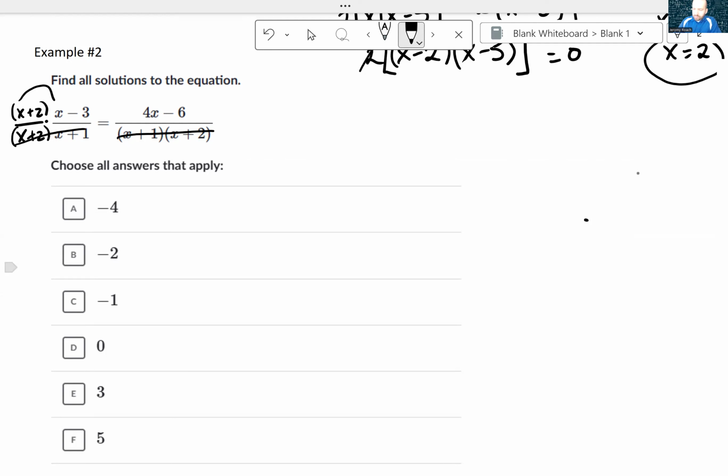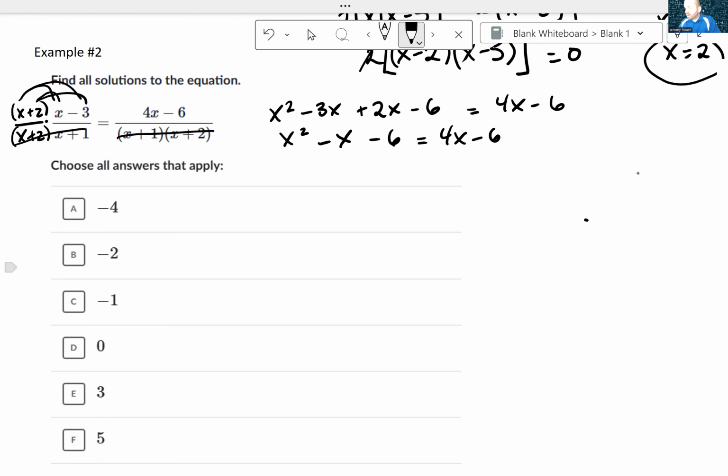We're going to use the FOIL method and multiply the top. And that's going to give us x squared minus 3x plus 2x minus 6 equals 4x minus 6. Combine like terms. Set equal to 0.